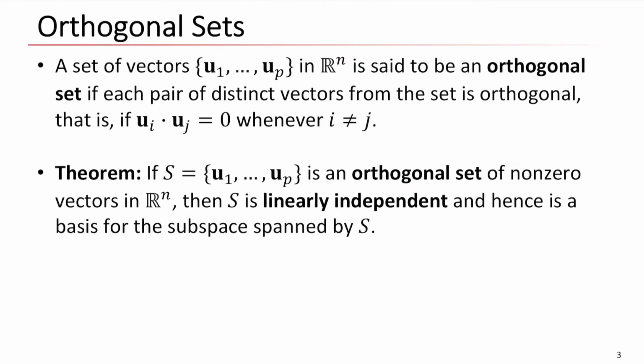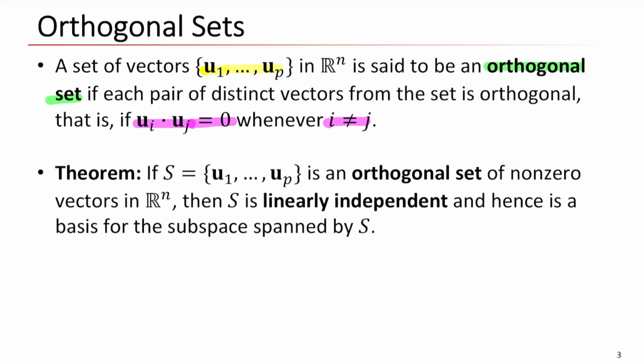Okay, let's start today's lecture. A set of vectors u1, u2 through up in Rn space is said to be an orthogonal set if each pair of distinct vectors from the set is orthogonal, that is, ui inner product uj is equal to 0 whenever i is not equal to j.